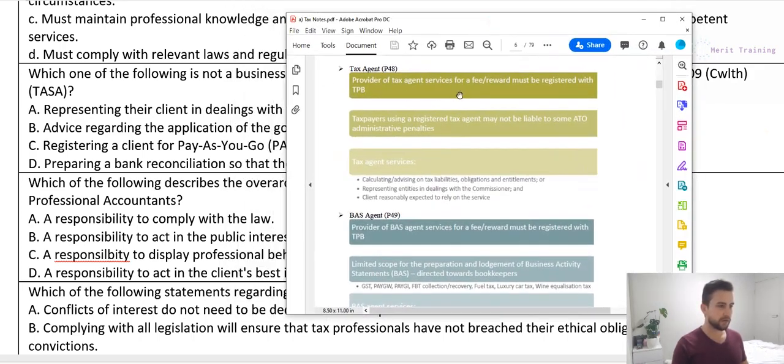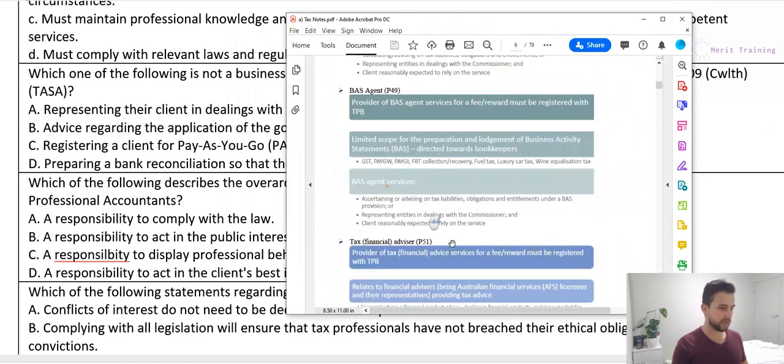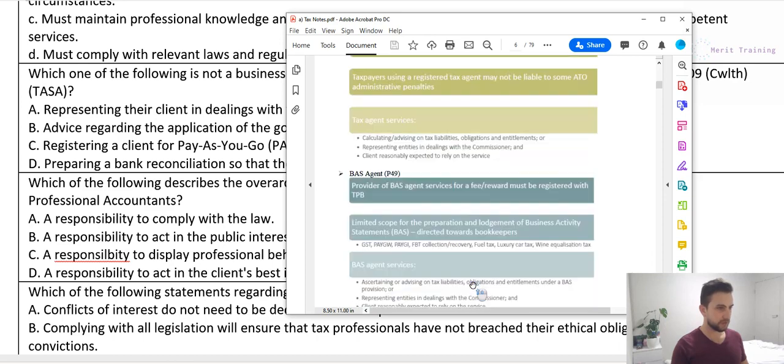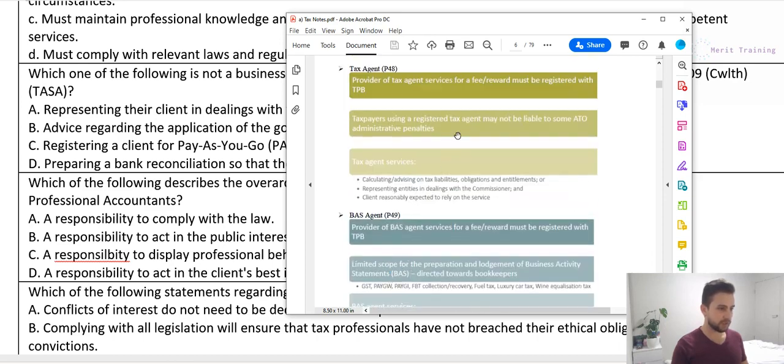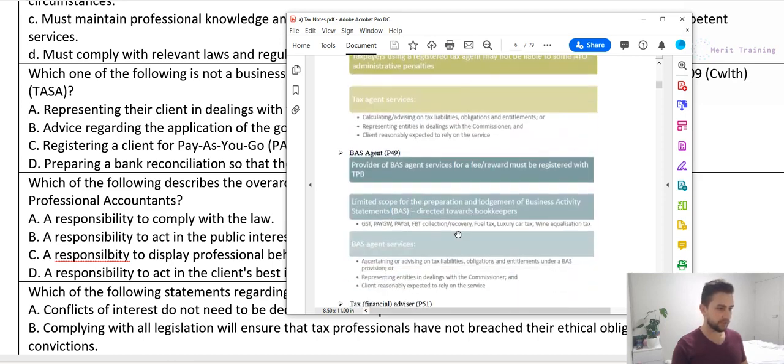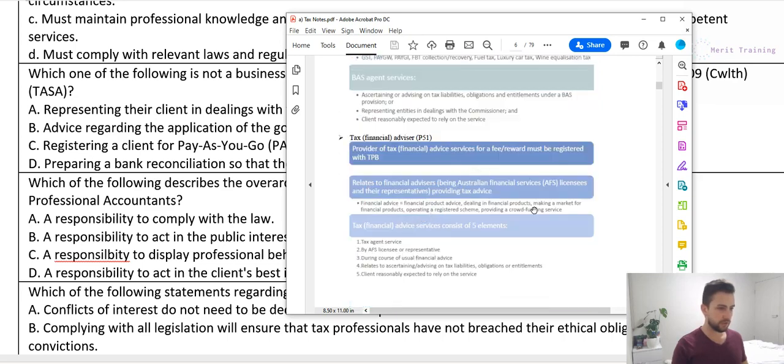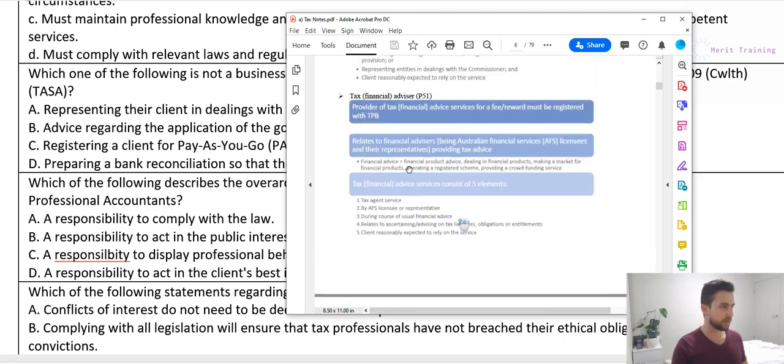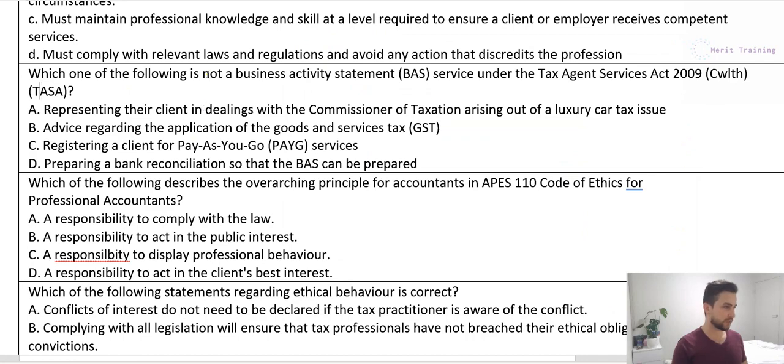If the provider is providing, for a fee or reward, either tax agent services, BAS agent services, or tax financial advice services, which in short is basically lodging tax returns, lodging BASs or any of these, or providing tax financial advice, they need to be registered. So to answer this question, we just need to know which one of these does not fit into that category.